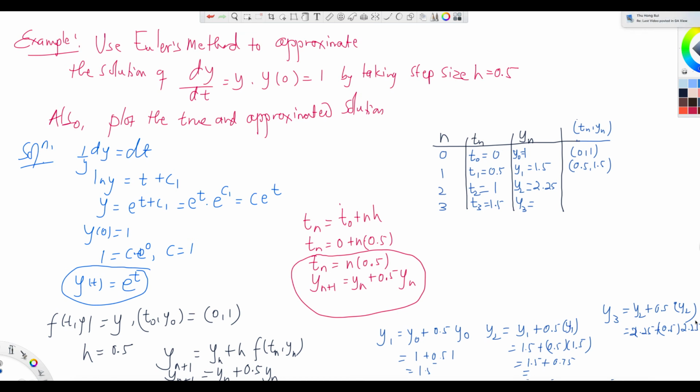If I do that, I get 3.375. Let us plug in those points. That point is (1, 2.25), and that is (1.5, 3.375), right? And you continue that way.